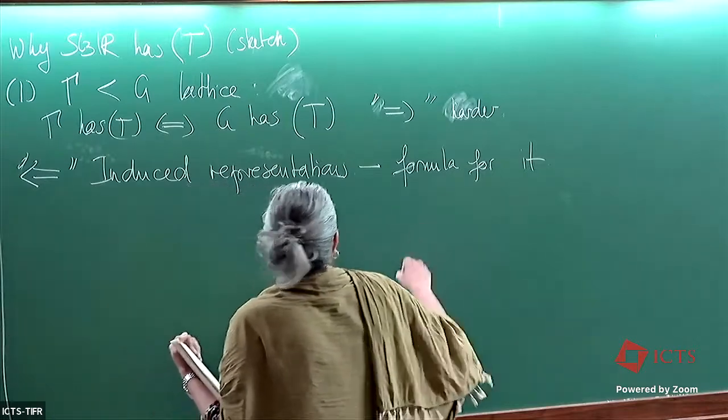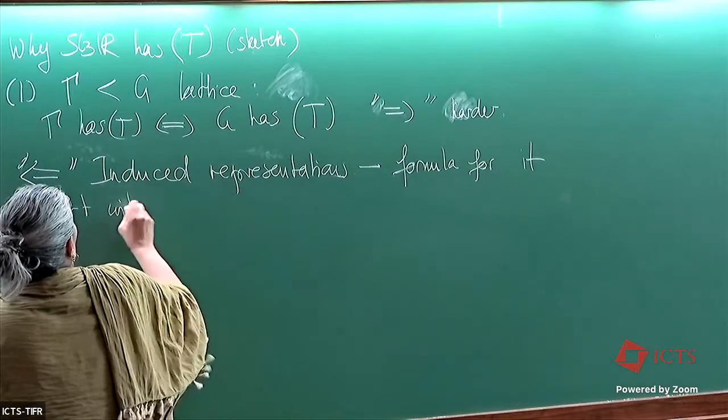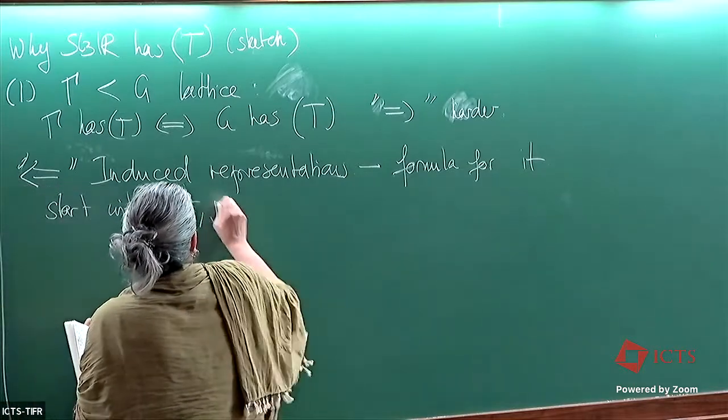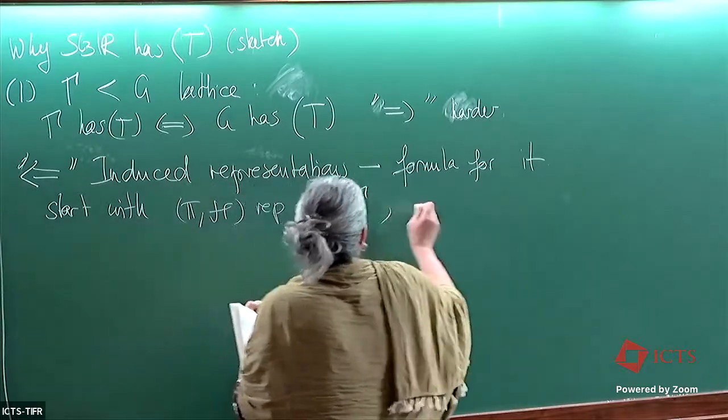So you start with pi, a representation of gamma.